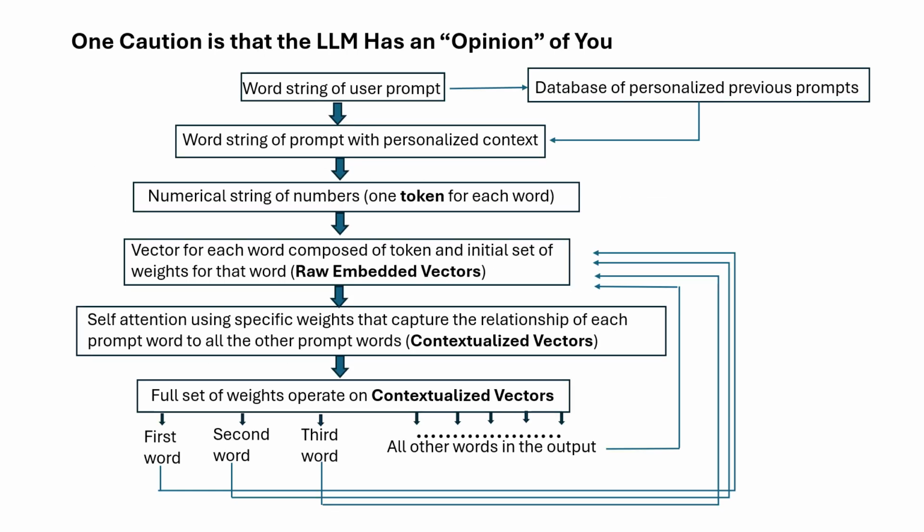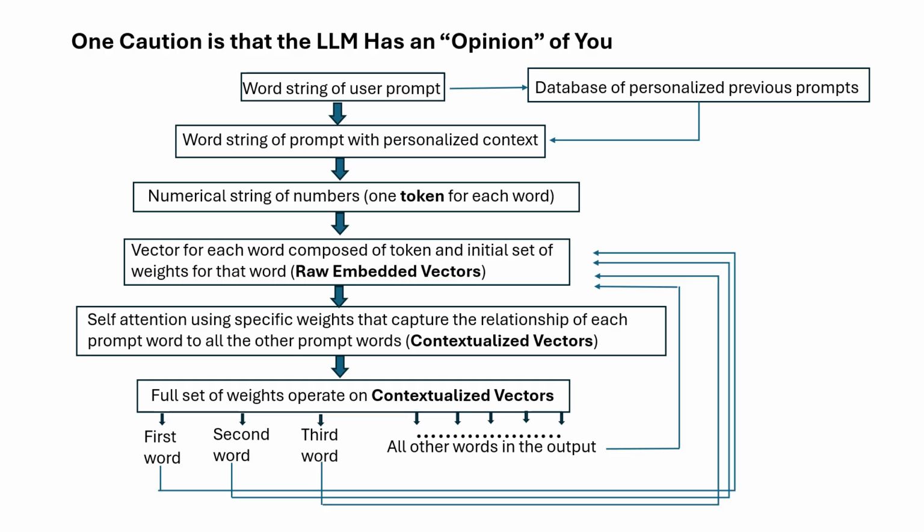One caution is that the LLM has an opinion of you. So let's go back to that picture we had of how the prompt flows through the LLM. And in the upper right, I'm showing that the word string of the prompt is put into a database of personalized previous prompts related to you.